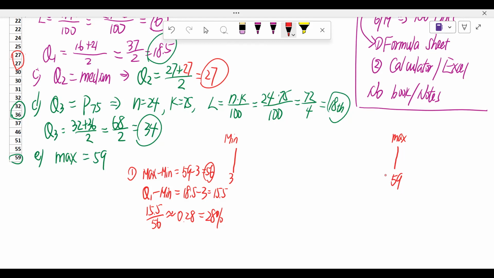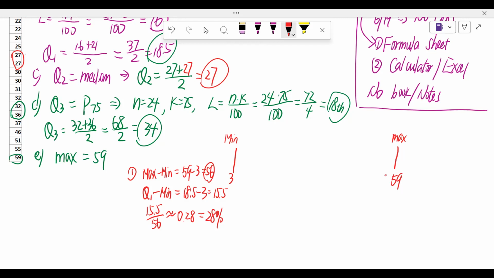So an extra 3% of the data is being shifted between the minimum and quartile one. That's something we see from this box plot, right? So we need this calculation to accurately plot those indexes: quartile one, median, maximum, and then quartile three.